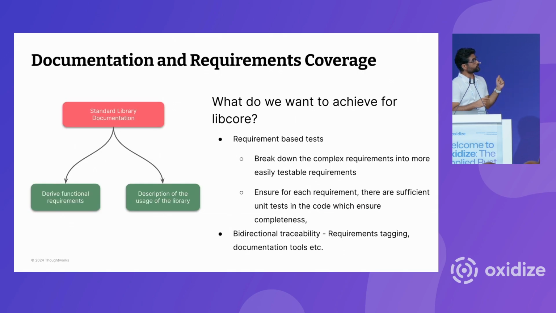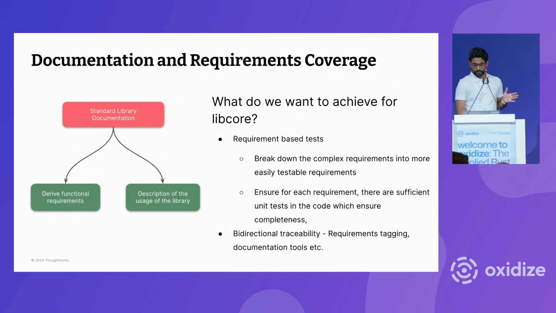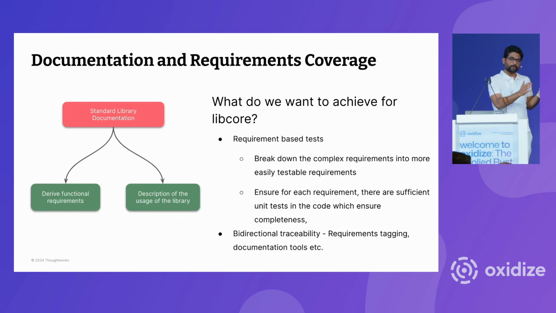So what we want to achieve for the core library is how can we define the requirements in a manner which are easily testable, and then we can also analyze the Rust code, the compiler code, the library code, which can be traced and related with the requirements which we are defining. And this will help us in bidirectional traceability as well as producing the requirements coverage document.